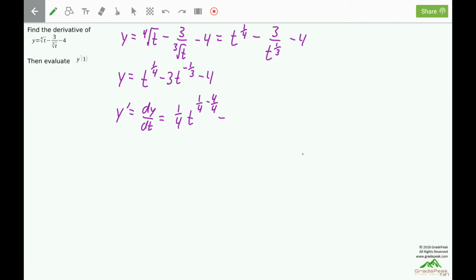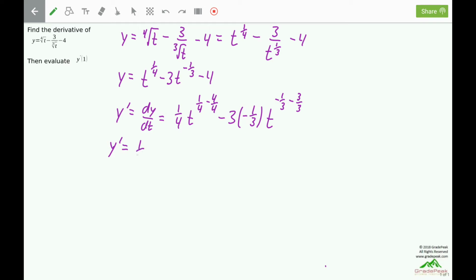The next term will be the negative 3, bring down the negative 1/3, and subtract 1 from its exponent. Since it's over 3, I'll subtract 3 over 3. And then the last term, the negative 4, without any t's, is a constant, and therefore its derivative is a 0.